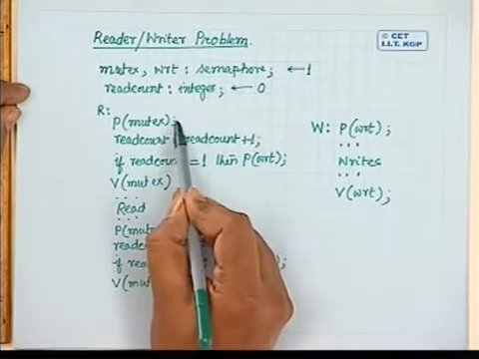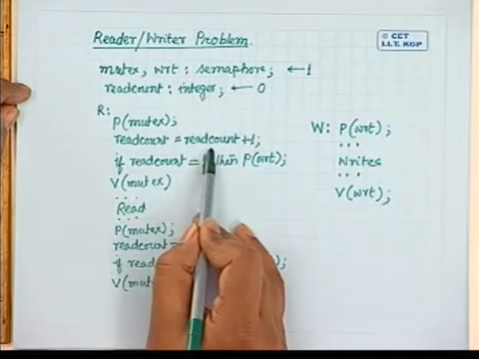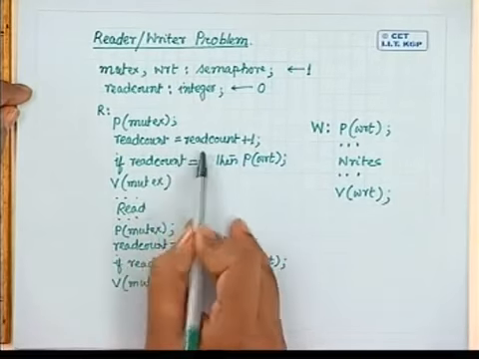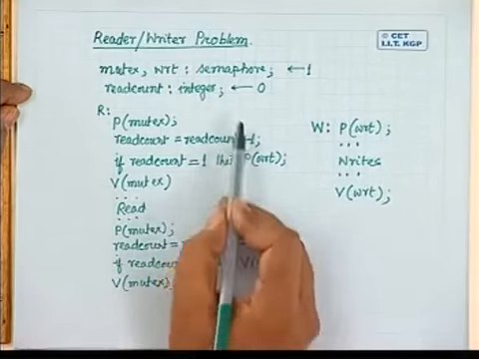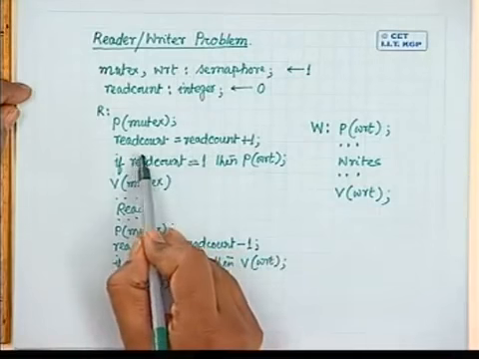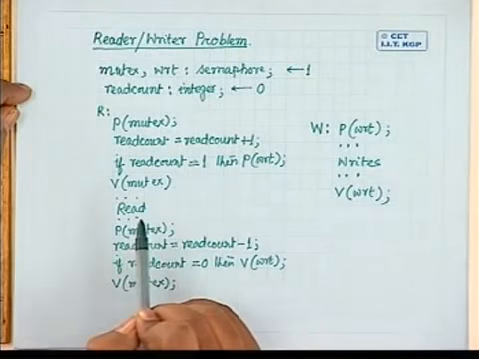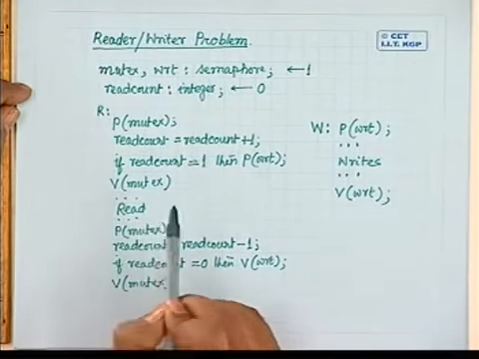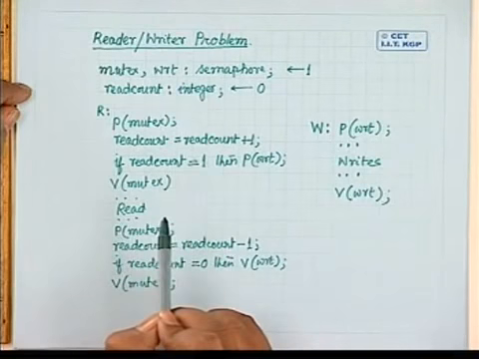P mutex is successful, so the process is given access to this read count variable and read count is incremented by 1. Our initial value of read count was 0. So, after incrementing, read count becomes equal to 1.